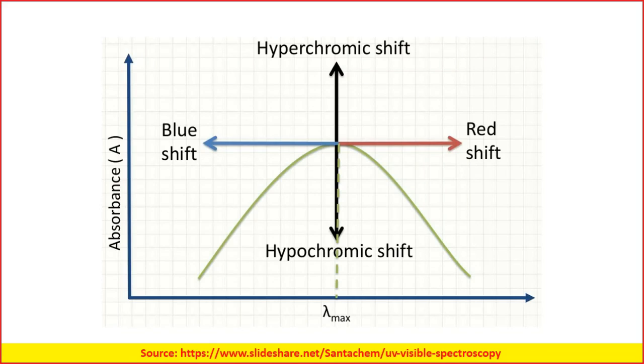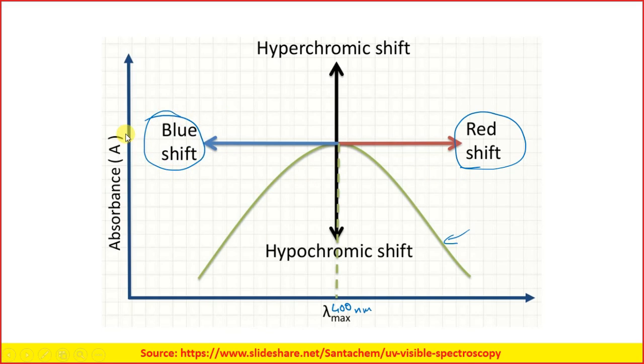Now, spectral shift. Suppose you have got an absorption peak, and here you are having it at 400 nanometer. If this peak, after the inclusion of the auxochrome, shifts towards the right, then it is called red shift, and if it shifts towards the lower wavelengths, then it is called blue shift.